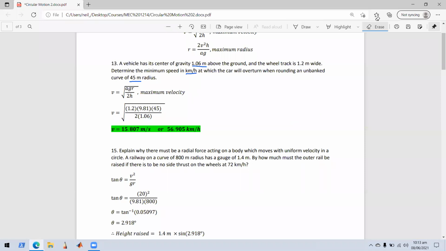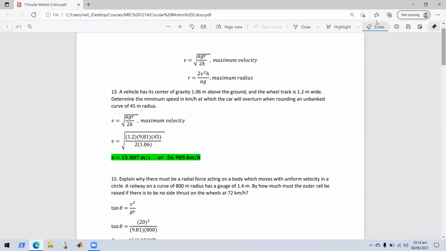Okay, good. So now the formula we need for this is the maximum velocity formula, which is this. But where did this come from? Well, let's pretend we have some car here. Two little wheels here.